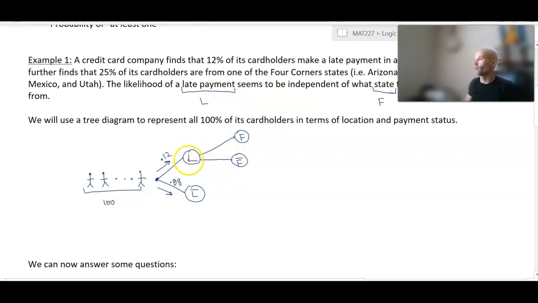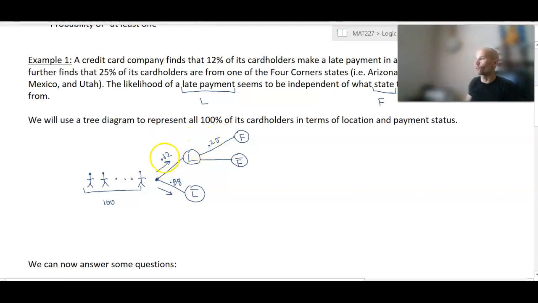Well, what percentage of these people who are in the L state will travel up to the F state? We know that 25% of people are from the Four Corners, independent of whether or not they make late payments. So we would expect that 25% of these 12 people, right?